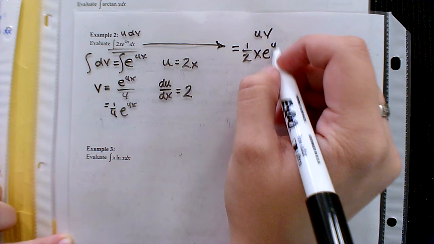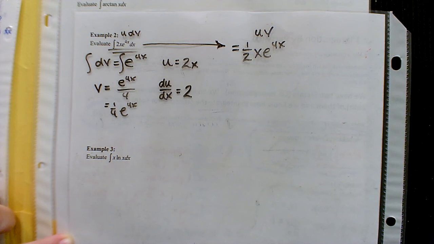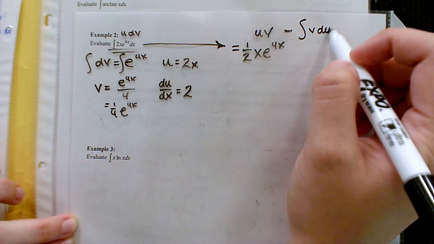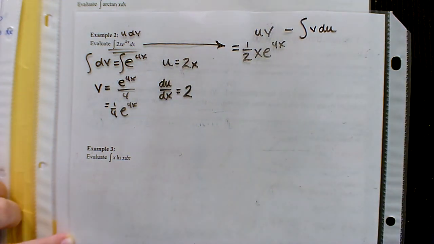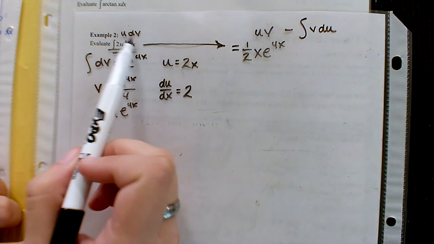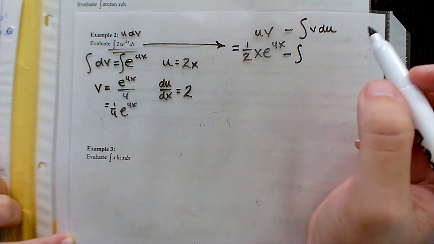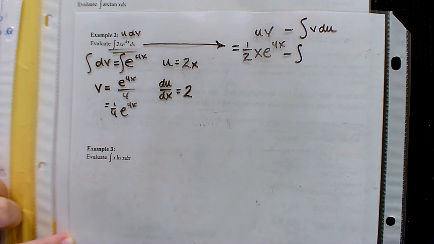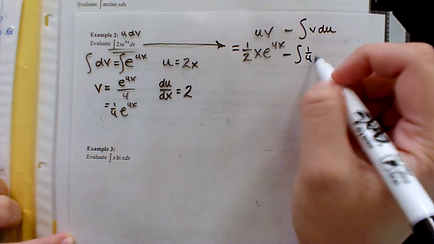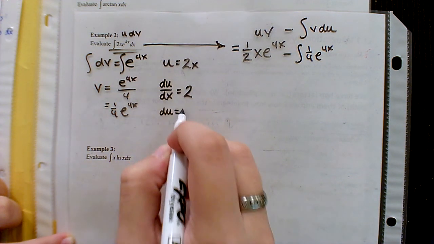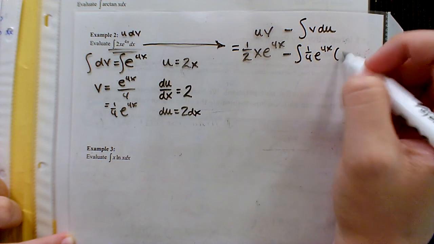We'd have x and then e to the 4x. And then we have to subtract the integral of v du. Kind of the opposite of the original integral we started with. So v was 1/4 e to the 4x. What is du? Go, Caitlin? 2 dx. Yep, you have to multiply that dx over.